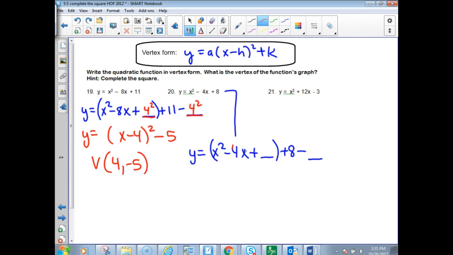Half of the b term would be 2. 2 squared is 4, so we're adding 4 and taking away 4. Factor the trinomial, x minus 2 quantity squared. 8 minus 4 is positive 4. And there's that, the vertex is at (2, 4).